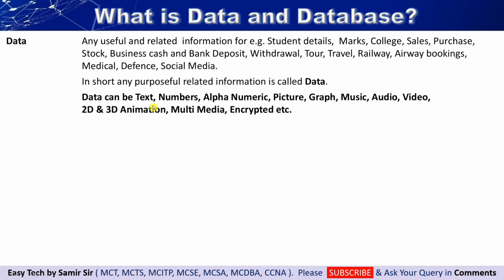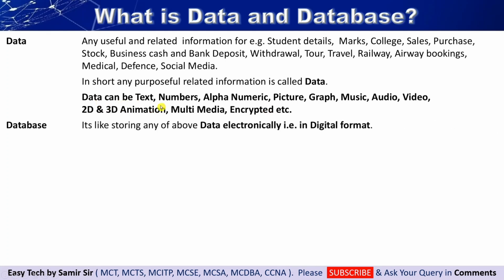So any of these combinations, single or multiple, can be called data, and it can be stored in these formats. So what is a database? When you want to store any of the above data in electronic or digital format, it can be stored in a database.